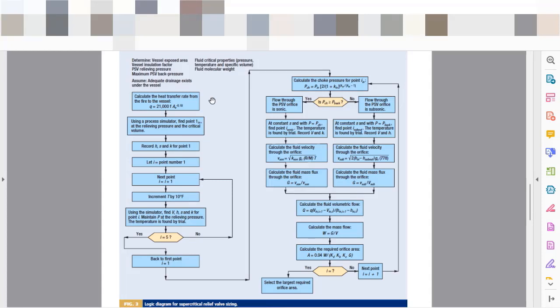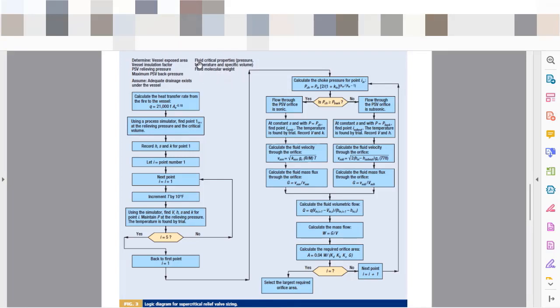In this case, he takes the same example, n-butane in a vessel, and he shows how to take the fluid from a liquid condition to the supercritical condition, as I have shown to you during this video. To follow his procedure, we need information related to the vessel, the back pressure of the system, and also the critical properties of your fluid.